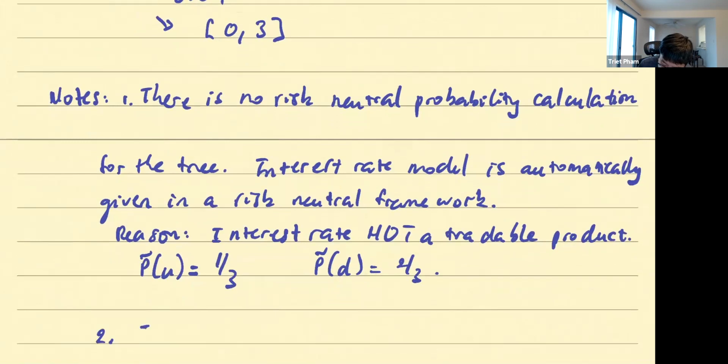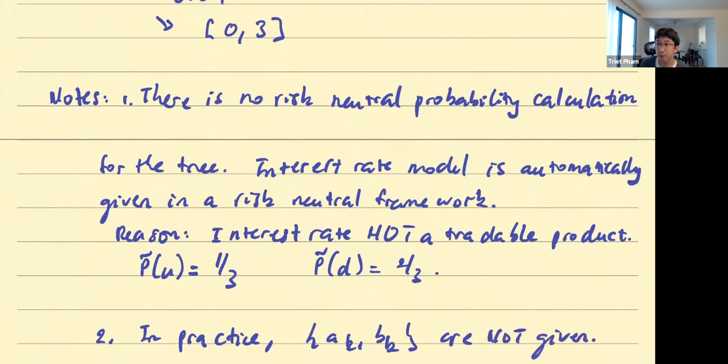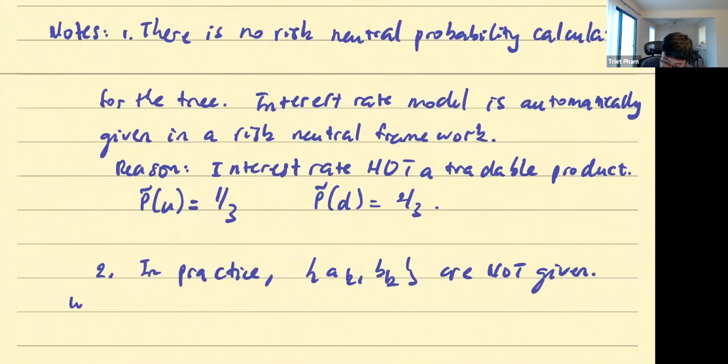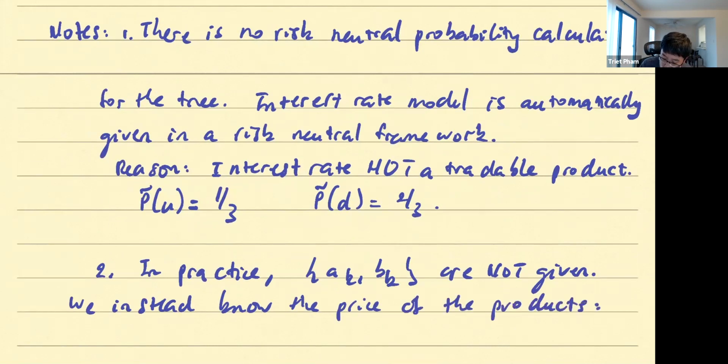Two, in practice, of course the a_k, b_k are not given. What's given is we instead know the price of the products, such as the bonds B_0^i, i from 1 to n.